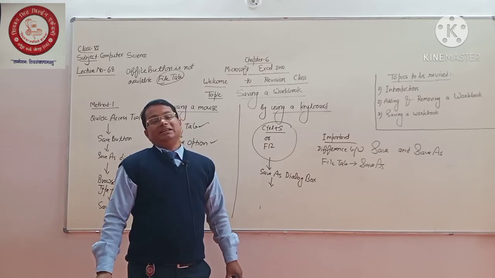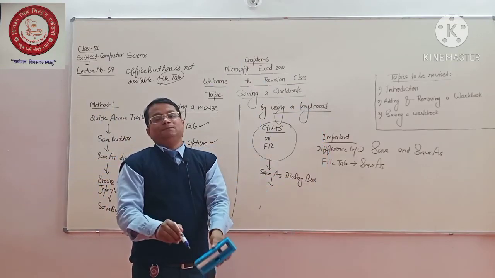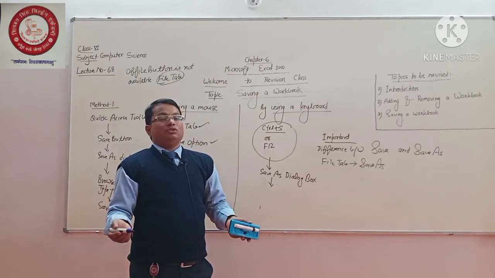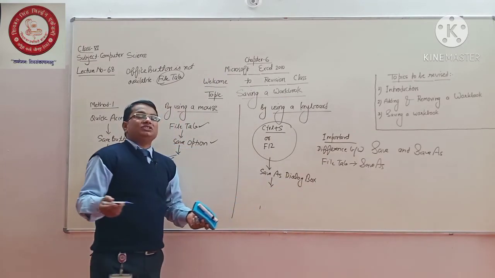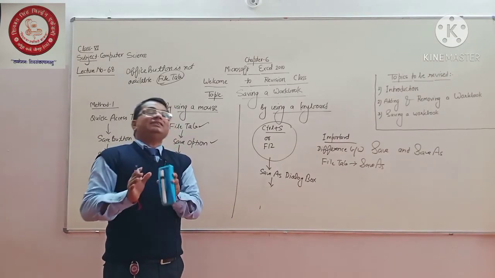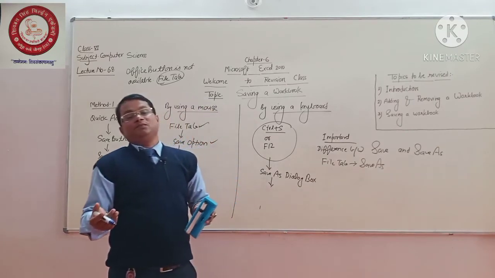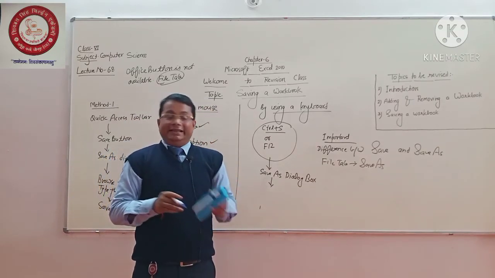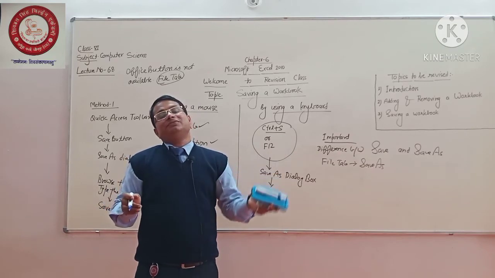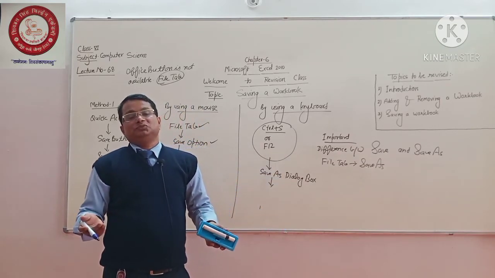Then the Save As dialog box will open. Once the dialog box is open, browse the location, type the name and finally click on Save. Whatever the contents are, you are just giving a different name with the same content. After giving it, you can share the file with any of your friends or colleagues.